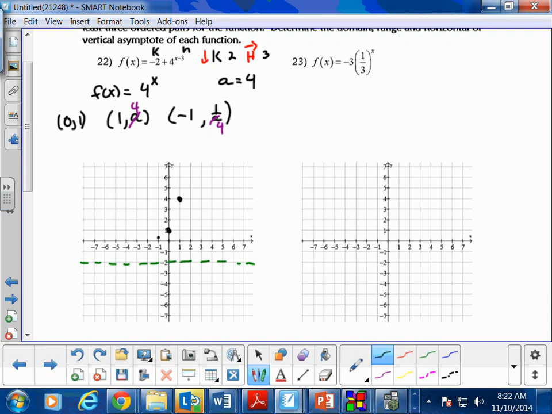So I'm going to count down 2, over and to the right 3. Actually, let me use a different color. Same thing here. Down 2, over 3. And down 2, over 3.